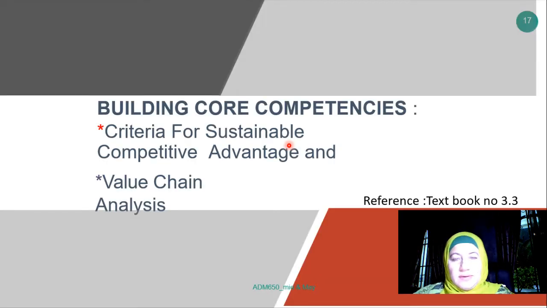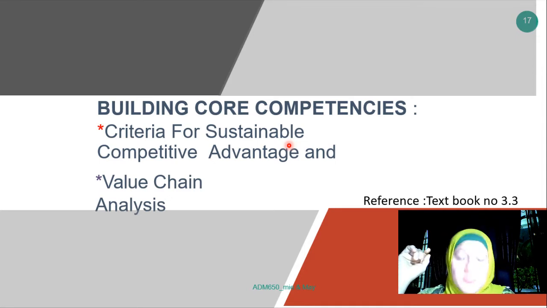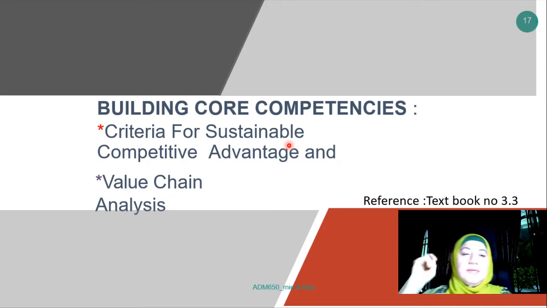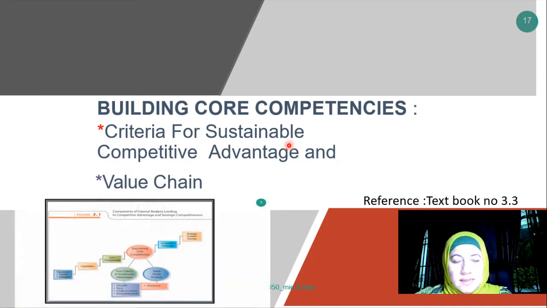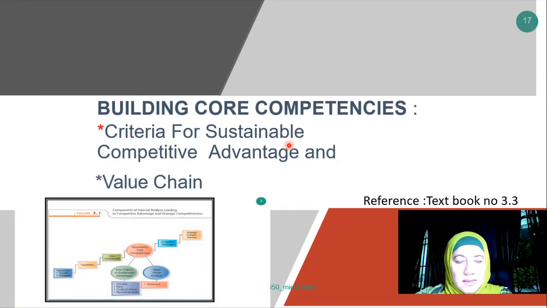All right, now we are looking into these sub-sessions of chapter 3, which is called building core competency. In order to build core competency, you need to learn two tools. The first is called criteria for sustainable competitive advantage, which you can see from the component of the internal analysis framework that leads to strategic competitiveness, highlighted here.